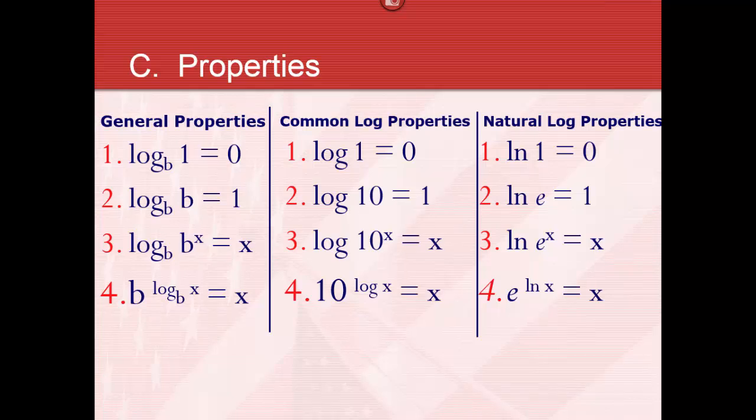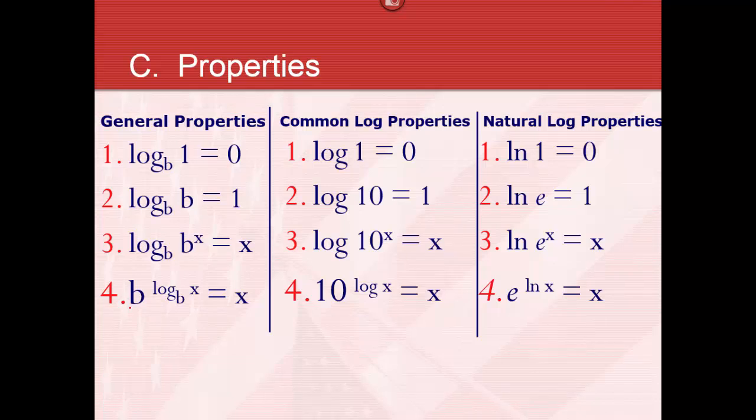Log base b of b equals 1. That's because b to the first equals b. Log base b of b to the x is equal to x, because this is asking for what is my exponent on b that gives me b to the x. It's just x.